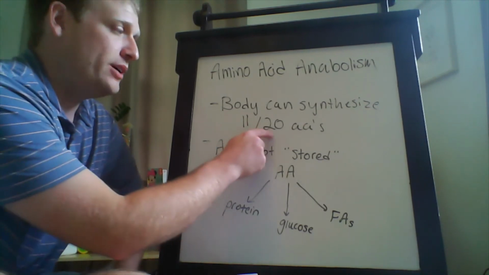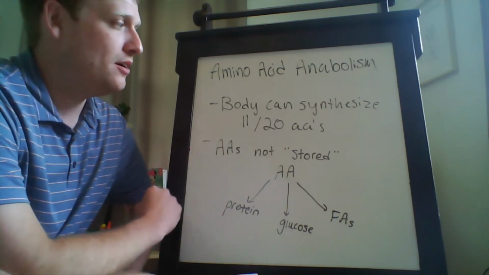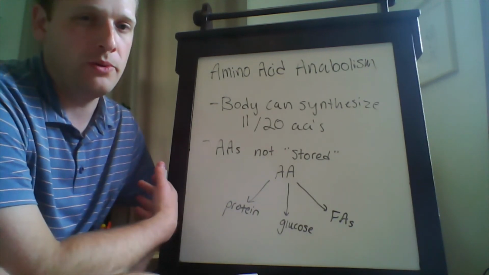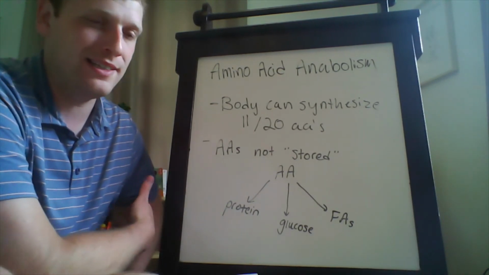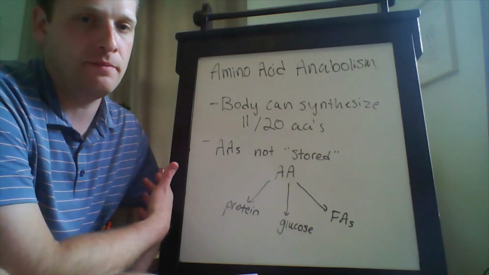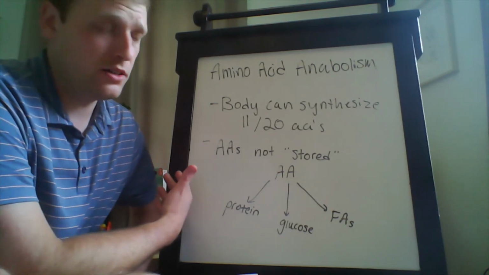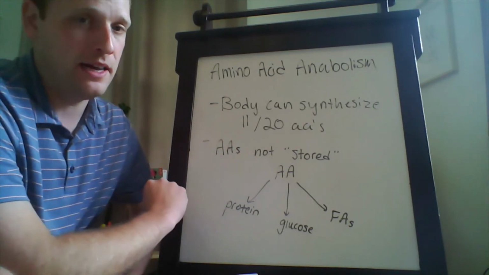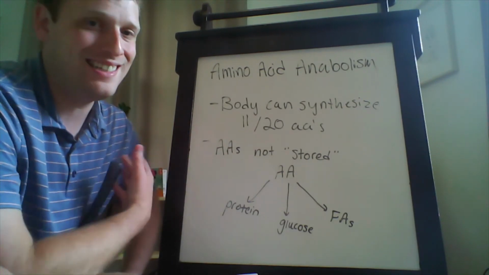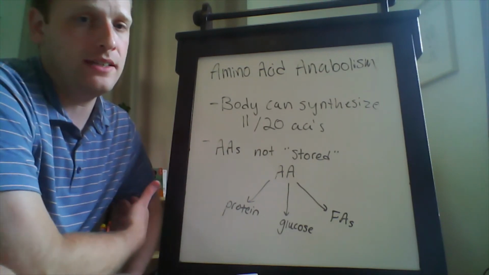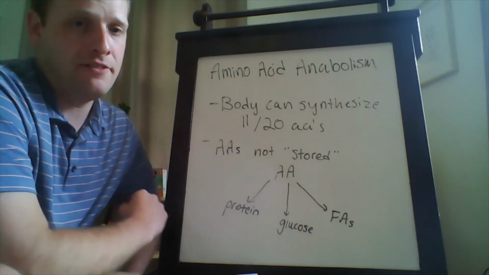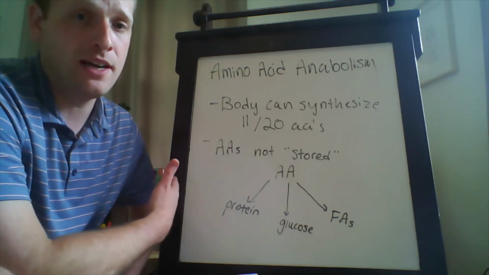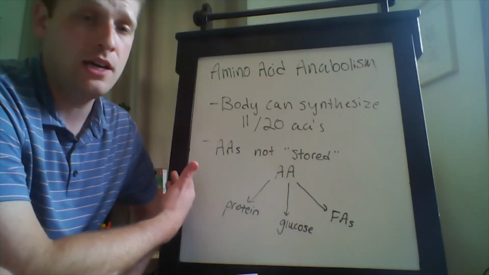So of the 20 total amino acids, only 9 are what we would call essential amino acids, where it's essential that you get them from your diet. The other 11 of those 20 amino acids, our bodies have the ability to synthesize. So we don't necessarily need those 11 amino acids directly from our diet because we can produce them on our own anabolically.